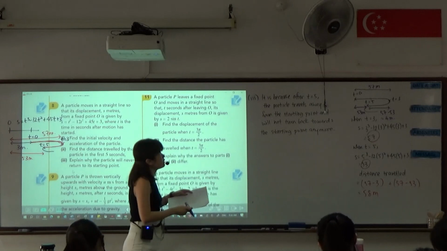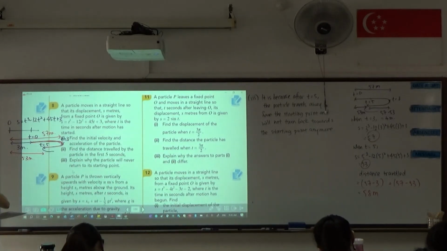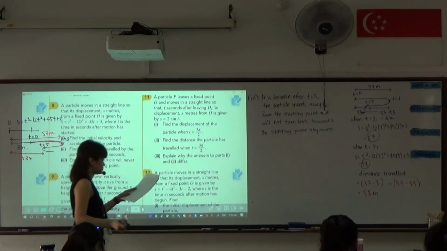So this is one way that you can explain it by stating that the particle travels away from the starting point and will not turn back towards the starting point anymore.